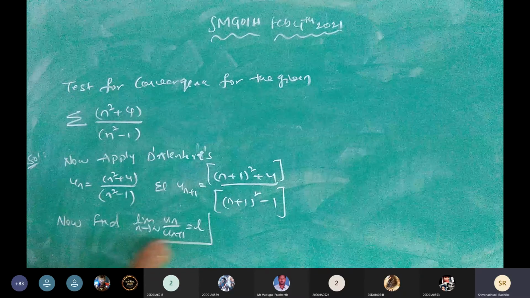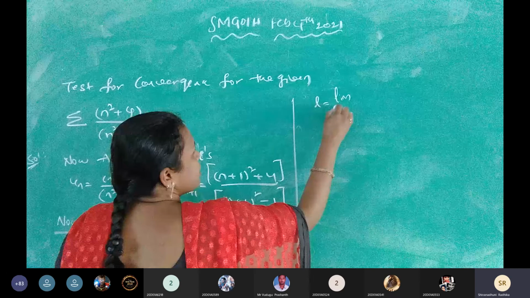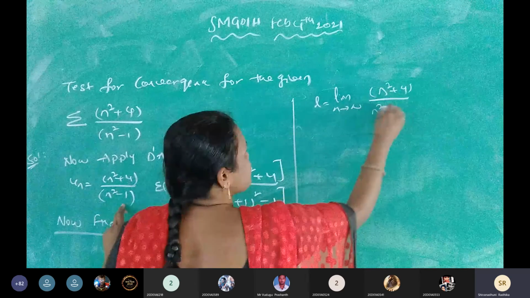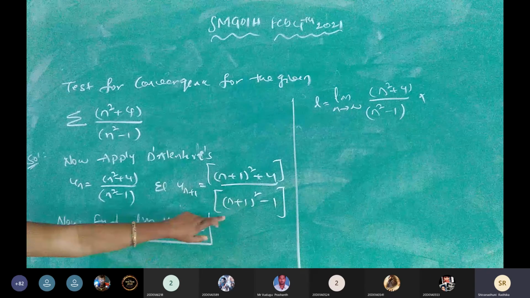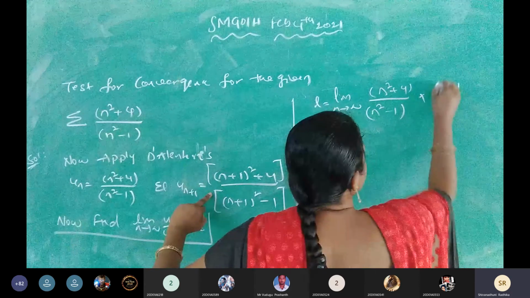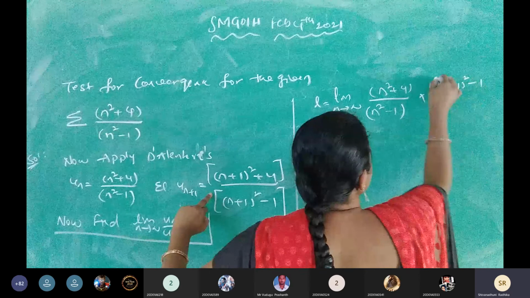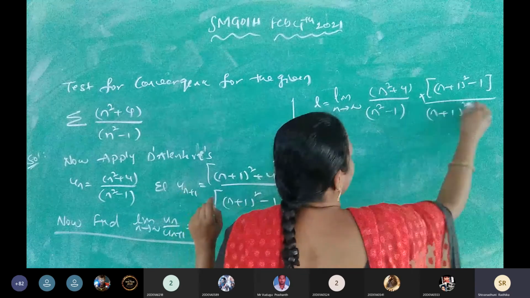Now the procedure is already completed. Directly I write limit n tends to infinity of u_n, that is n square plus 4 by n square minus 1, into 1 by u_(n+1). The numerator and denominator change places, so that is (n plus 1) whole square minus 1 by (n plus 1) whole square plus 4.